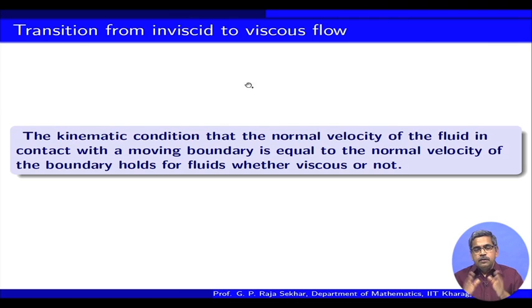Imagine you have a plane, and then you have a viscous flow. Due to the viscous effects, the layers which are close to the plane experience more roughness, more friction due to the surface roughness.